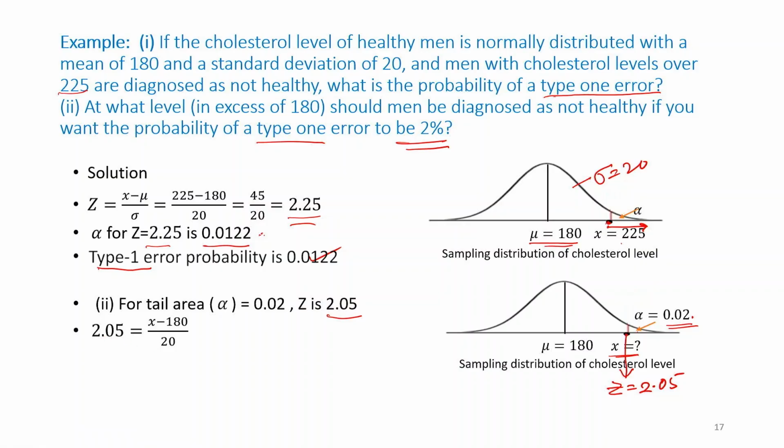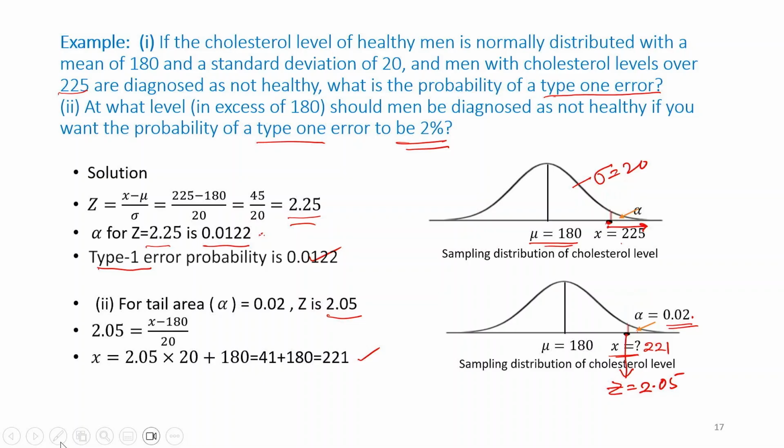So this is the simple equation we write, and you get a figure x to be 221. So the value of x will be 221. In that case, the type 1 error likely to be how much? 2%.